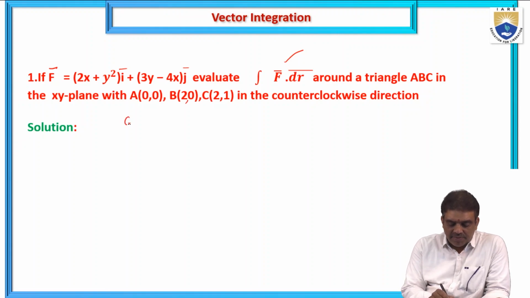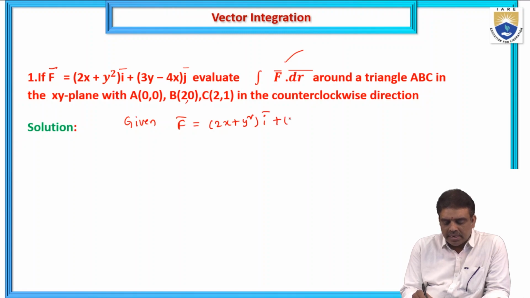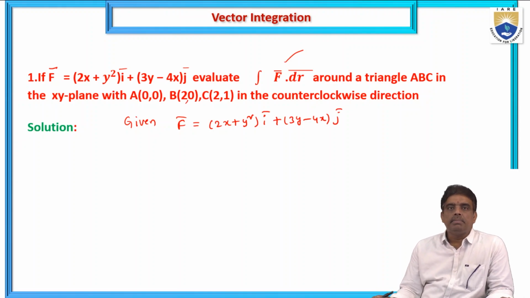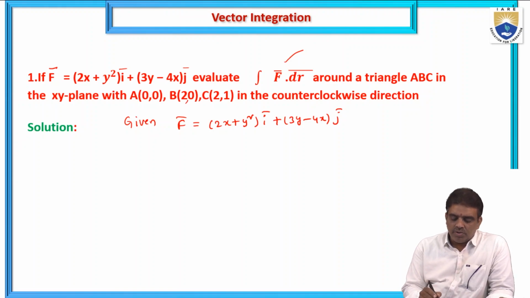First write the given vector point function. Given f bar is equal to (2x plus y square) i bar plus (3y minus 4x) j bar. Clearly there is no k bar term because the complete f bar is defined in the xy plane. Now we have to calculate the integral of f bar dot dr bar.